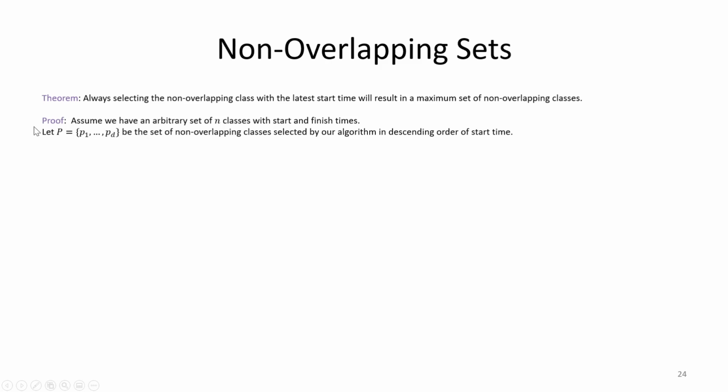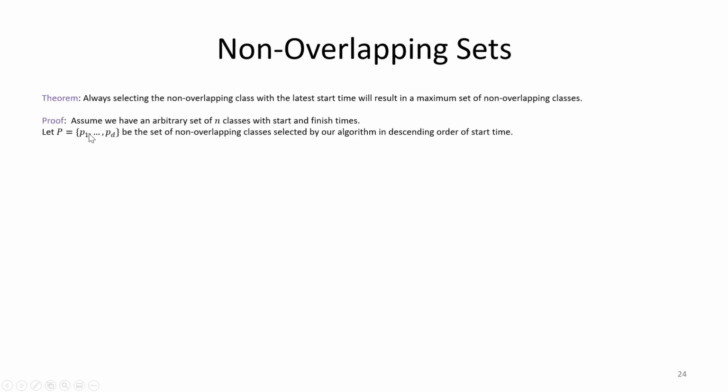So P is just going to be this subset of all of the classes that we select as our non-overlapping set of classes. We're going to let P be the one selected by our algorithm, and we're going to keep them in descending order of start time. That's the order that we would have added them into this solution.